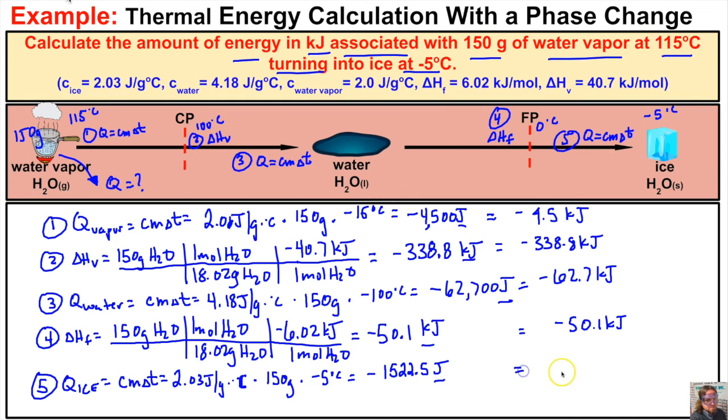And this ends up being negative 1.5225 kilojoules here. And so what we'll do is we'll add all these up, and we should end up with our final answer of negative 457.6 kilojoules of thermal energy. So how much energy will this water vapor need to release to go from 115 to negative 5 degrees Celsius? It's going to have to release 457.6 kilojoules.